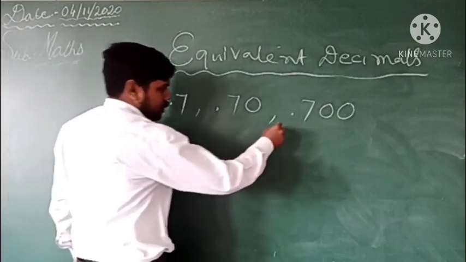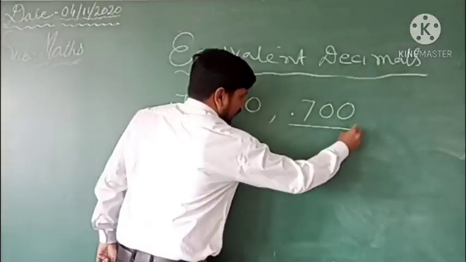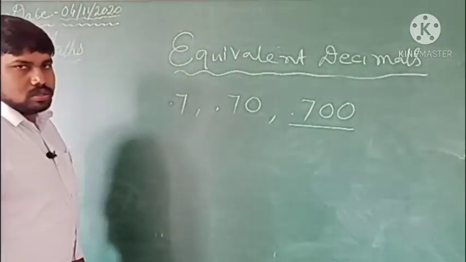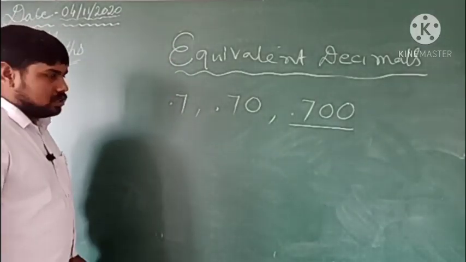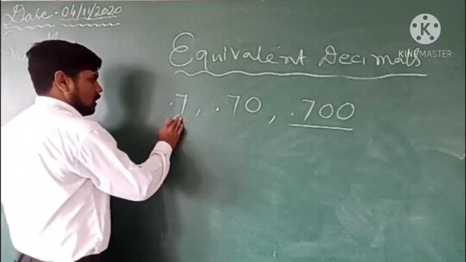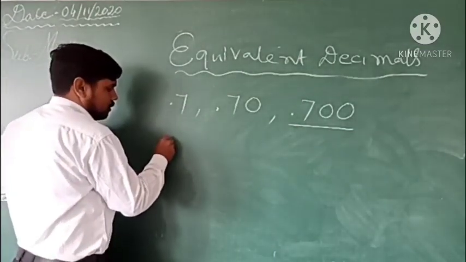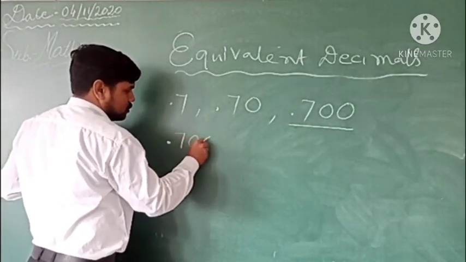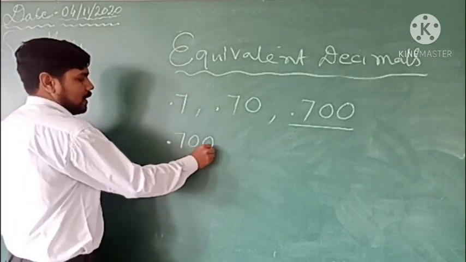Here in this number we have 2 zeros after the digit, so in this one also you can write decimal 700. So 20 you can add here.